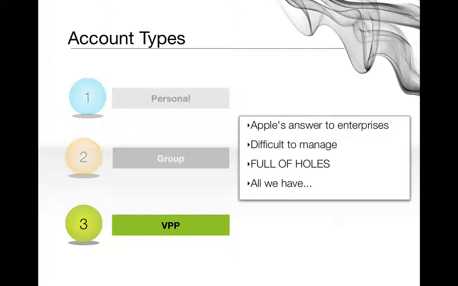The problem is it's incredibly difficult to manage, and it's full of holes. But it's all we have, so we have to use it. The iCafe VPP Manager program attempts to add a layer of control on top of the VPP program to plug some of those holes.